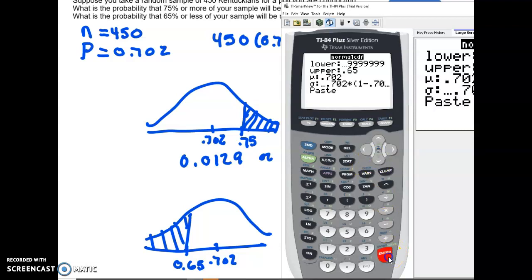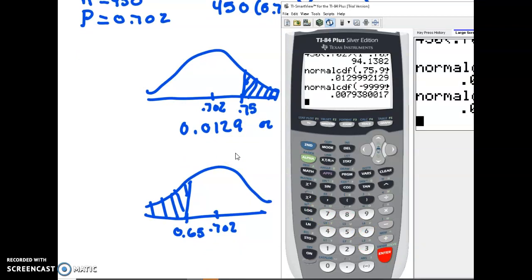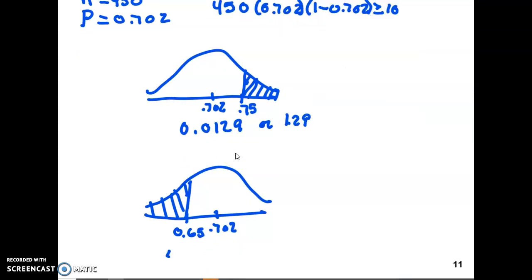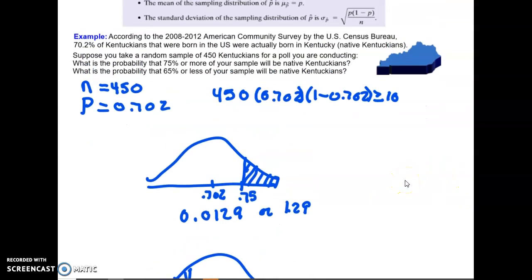And then paste. Enter. And 0.0079, or 0.79%. All right. And that should be the end of your notes for Chapter 9.